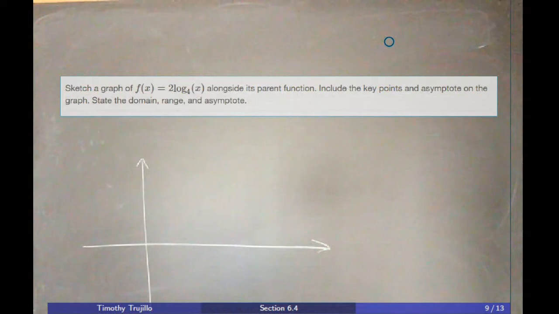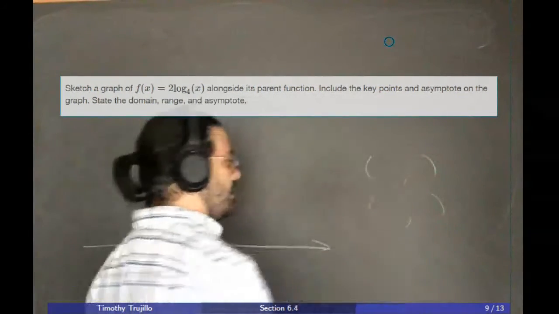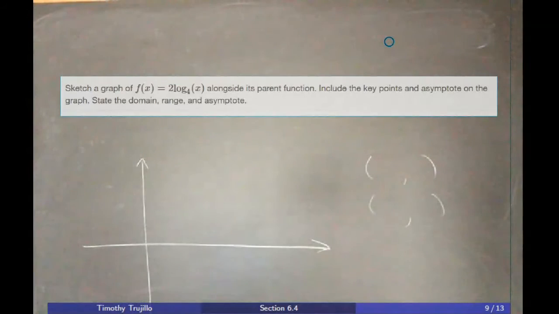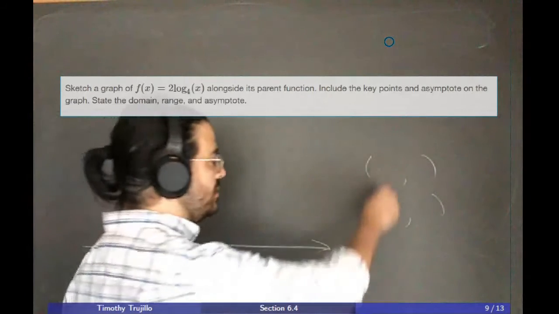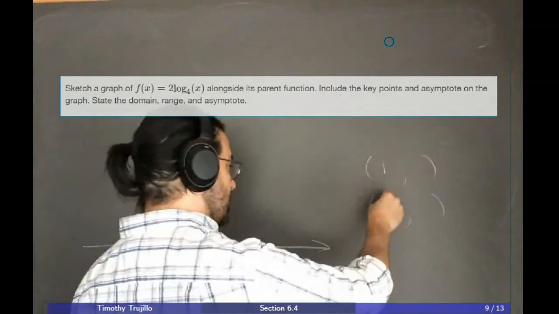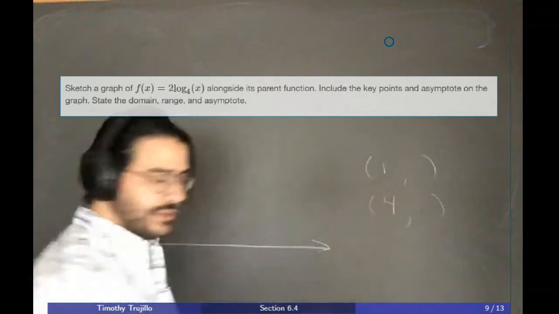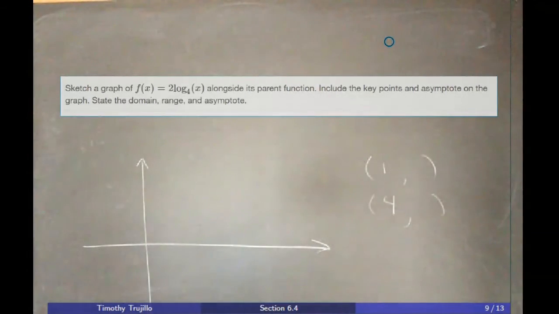So what are the 2 key points that we should be looking at? And this is for the parent function, right? So let's forget about the 2 on the outside first. The base here is 4. One of them is always going to be the same, and it has an x value of 1. And the other is going to be dependent on the base, and the input is the base, which is 4.